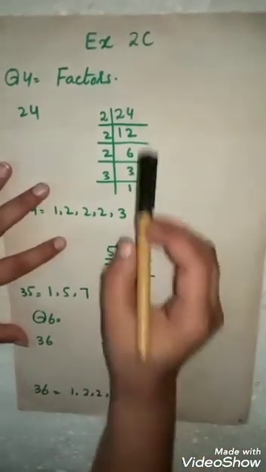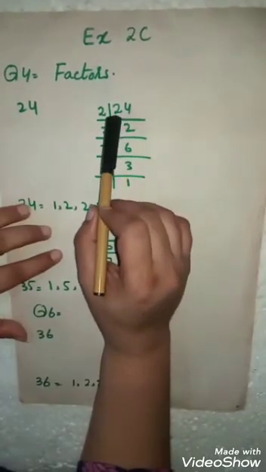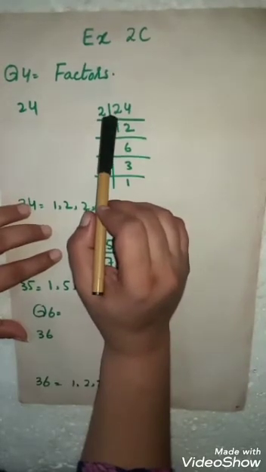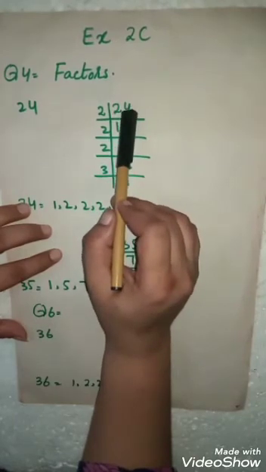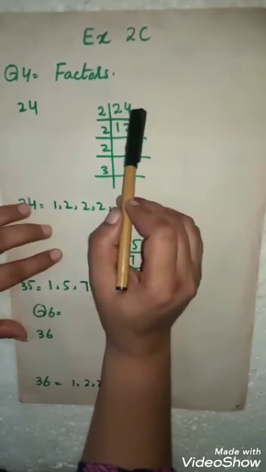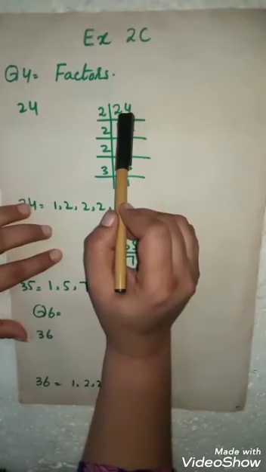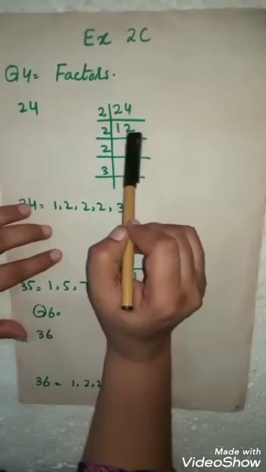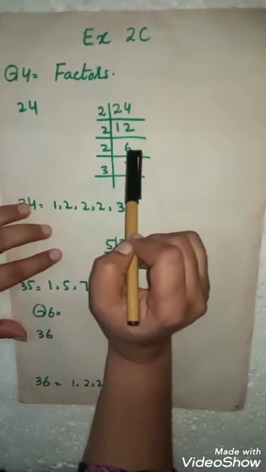For example, here we have the first number 24. Students, according to the rules of divisibility, you will check the smallest number, which is 2. You will check whether this number is divisible by 2 or not, because in the ones place we have 4. So this number is divisible by 2. You will divide by 2: 2 1s are 2 and 2 2s are 4. Again we have 2, so this number is again divisible by 2: 2 6s are 12.